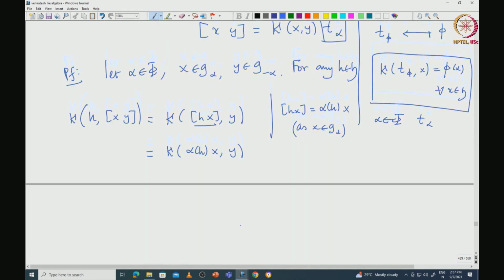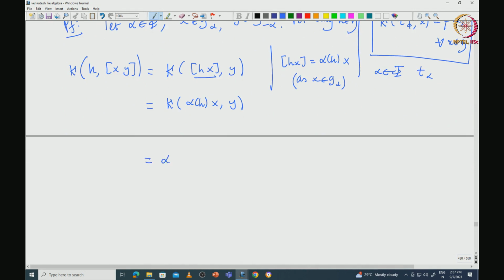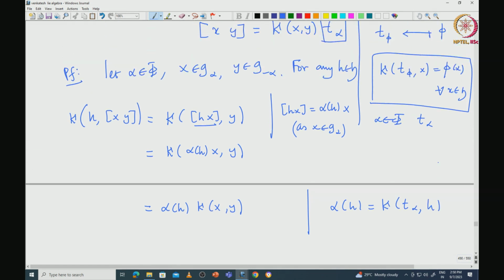Now you can take out this alpha of h, so you get alpha of h times kappa of x comma y. Now recall that alpha of h is given by kappa of t alpha comma h, using the definition of t.